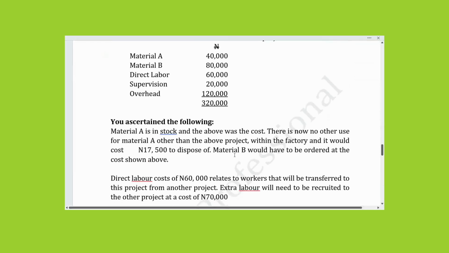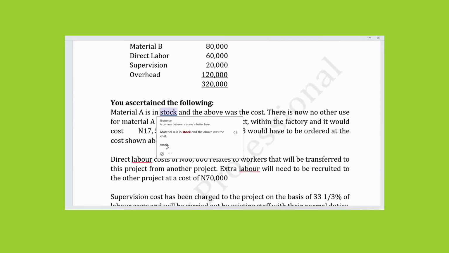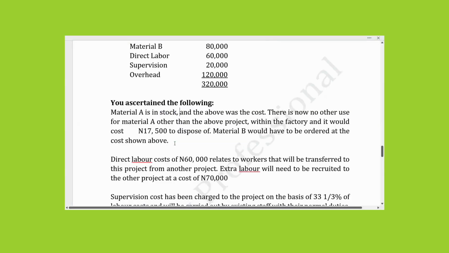You ascertain the following. Material A is in stock and the above was the cost. There is now no other use for material A other than the above project within the factory, and it would cost 17,500 naira to dispose of.